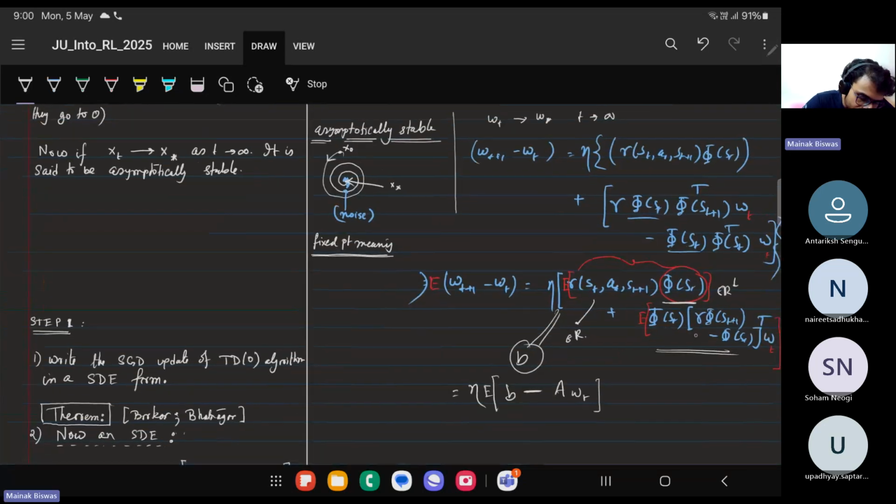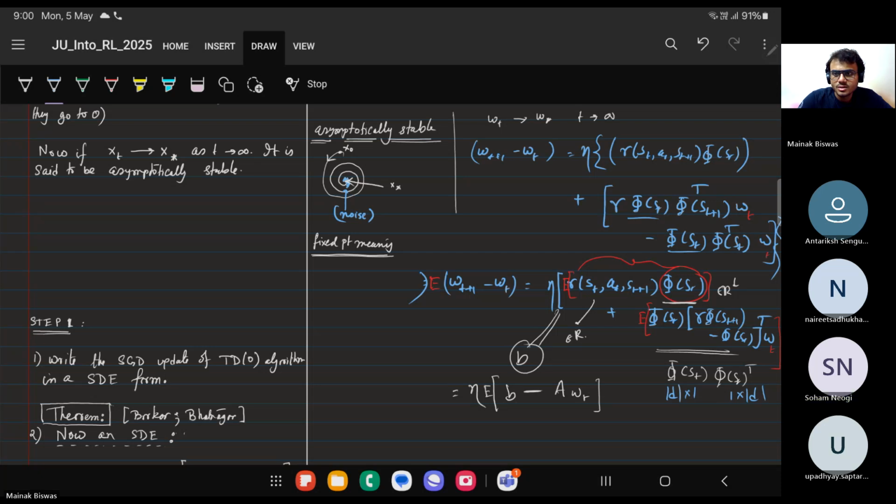See, this term, phi of S_t, and this term, phi of S_t dash. If we just compute the dimension of this, we will understand. Do you agree? This is D cross 1, and this is 1 cross D, the D-dimensional features.